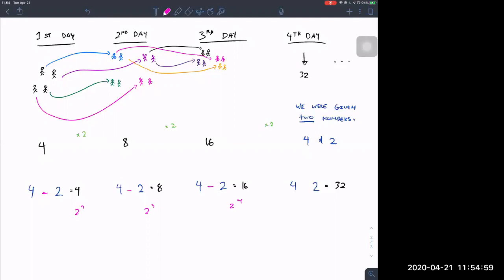Okay. The thing though is that that's a good start. We want this to be able to work for any two numbers that I give you, right? Suppose that, I'm looking at the far right side here, 4 and 2 weren't the numbers, say it was, oh, I don't know, you had your YouTube posts seen by 10,000 people the first day, and then it grew by maybe 3 every day after, right?